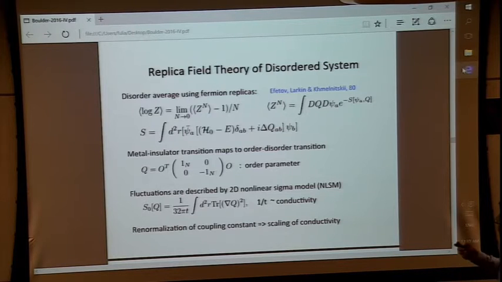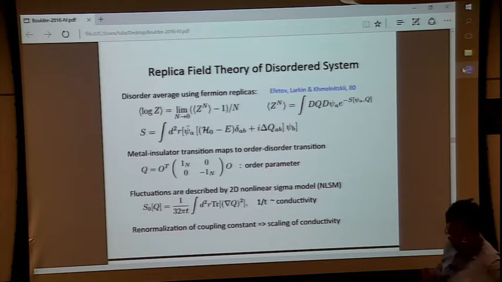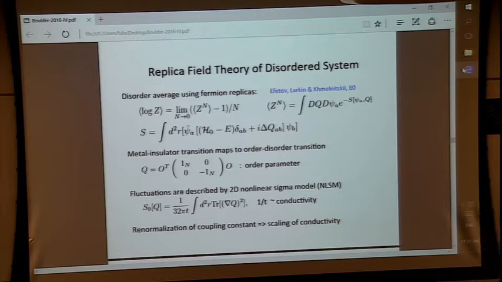Then this 4 fermion interaction can be Hubbard-Stratonovich transformed using a field, so-called Q, and this Q lives in the space of flavors. Q is a matrix in the flavor space. With this, we turn a non-interacting problem in the presence of disorder into an interacting problem without disorder.